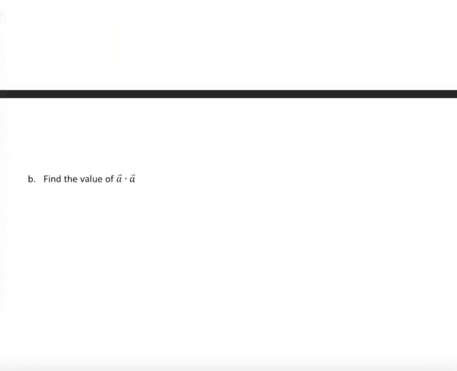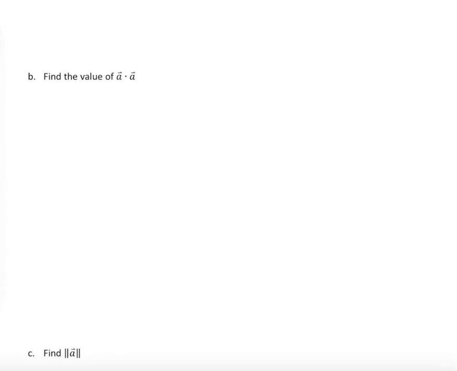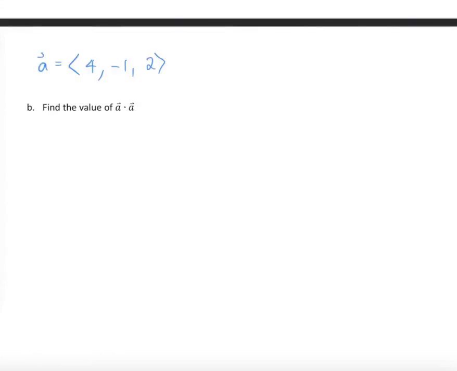If I were to take vector A and dot it with itself, essentially that is taking the vector A and multiplying it by its own x, y, and z components.